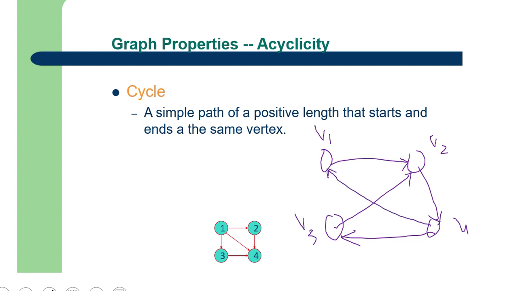Now we want to move from vertex v1 to all the nodes, and we want to come back to vertex v1. So from vertex v1 we can move to vertex v2, from vertex v2 we can move to vertex v4, from vertex v4 we can move to vertex v3, and back up to vertex v2 and vertex v4, and again to vertex v1. So there is a cycle in this path.